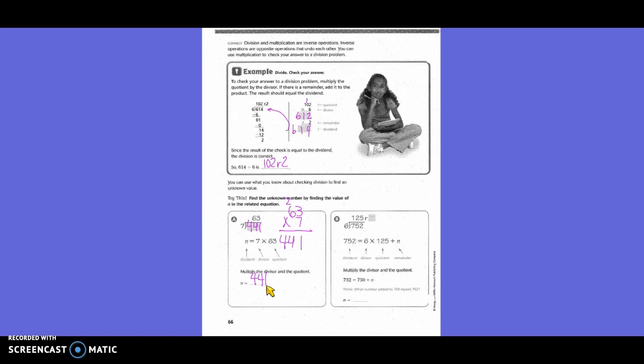So what plus 750 would get you 752? So 2. Our remainder would be 2.